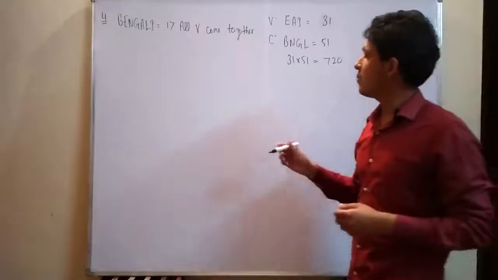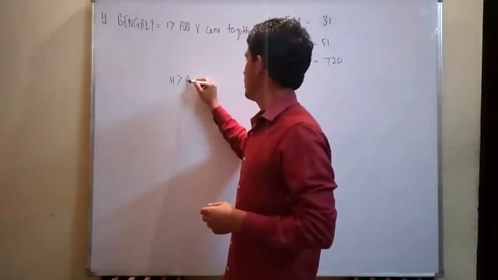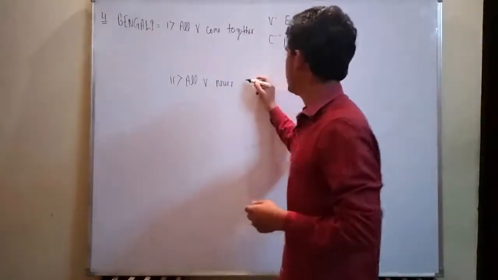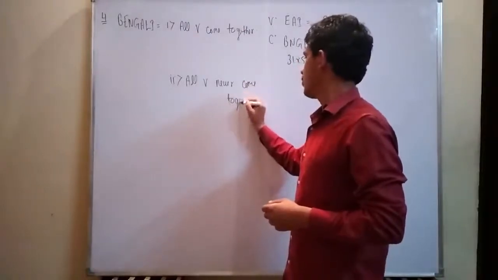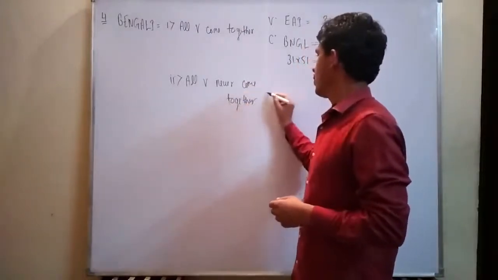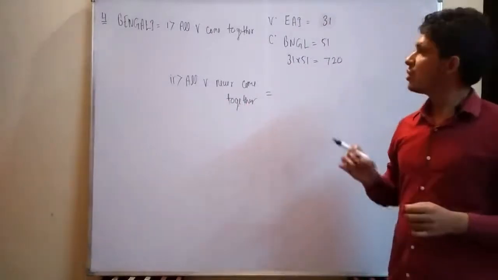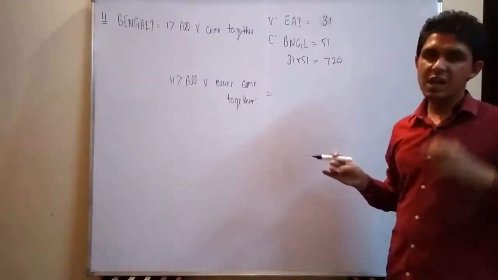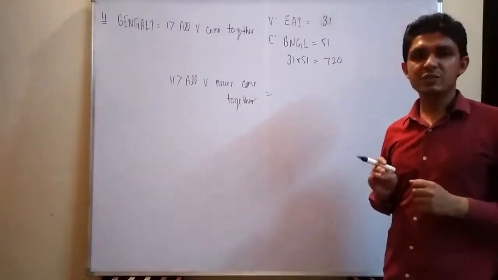right? In the same question, suppose we find the total number of arrangements of the letters of the word Bengali such that all the vowels never come together. So for this, we first find the total number of arrangements. Bengali has 7 letters, and none of the letters is repeated.